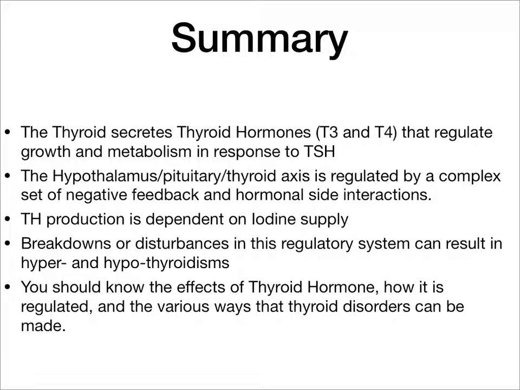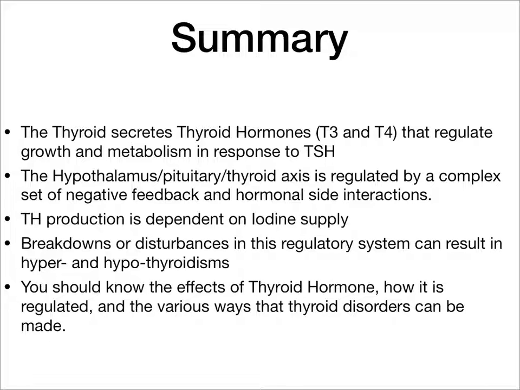So in summary, the thyroid secretes mostly T4, thyroxine, and T4 is turned into T3, which is the active form that has the effect of raising the metabolism of cells throughout your body. It's a very broadly based hormone. Almost every cell in your body is affected by thyroid hormone in some way.